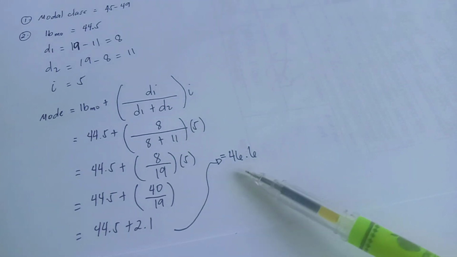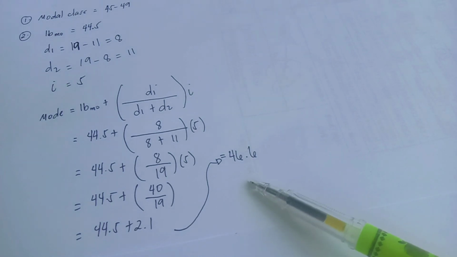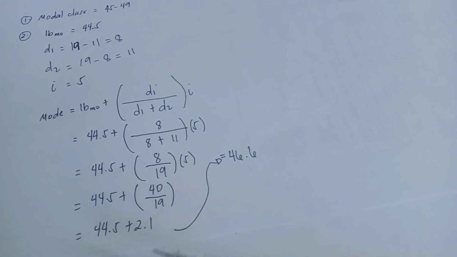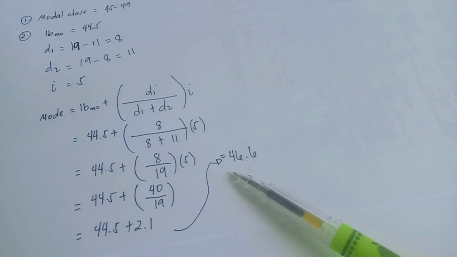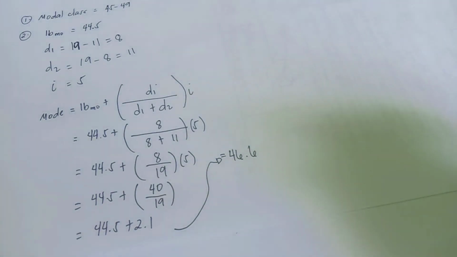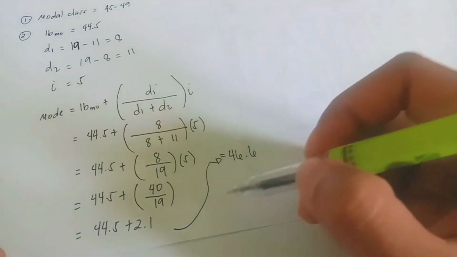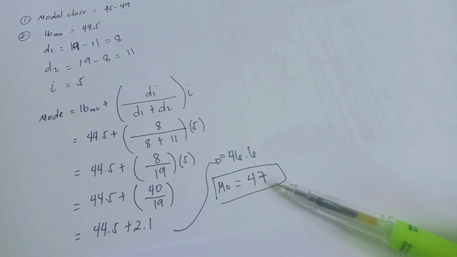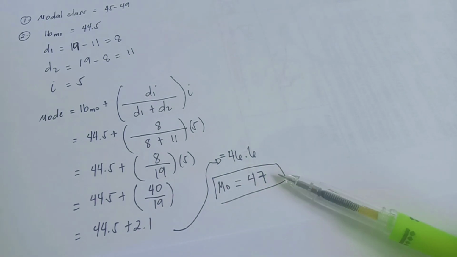Therefore, yung mode natin doon sa given distribution ay 47. Okay, so 47 yung mode natin. So ganun lang kung paano magkuha ng mode for the group data. Okay, so I hope naintindihan.